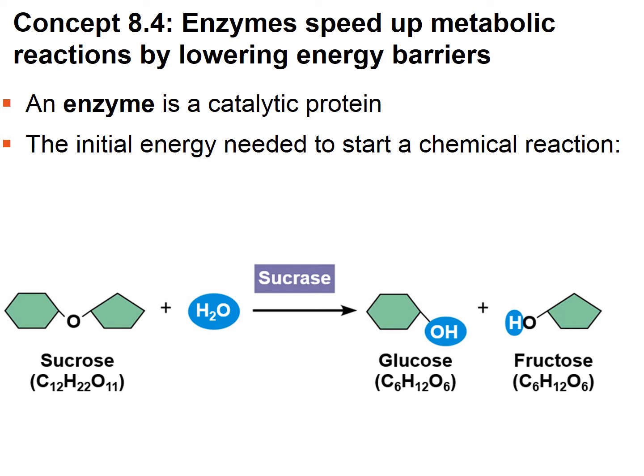The initial energy needed to start a chemical reaction is what we call activation energy, or sometimes energy of activation, represented by the capital letter E and a subscript of A. We're going to see that enzymes work by lowering this activation energy.